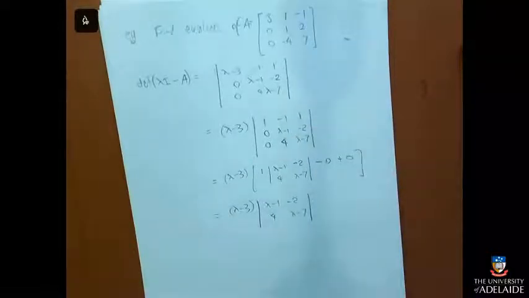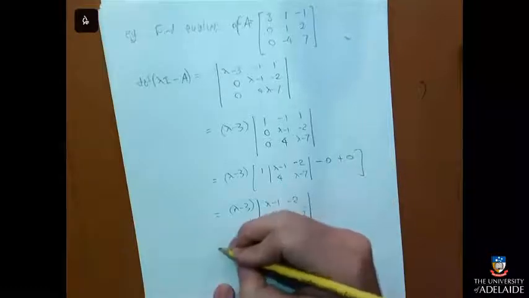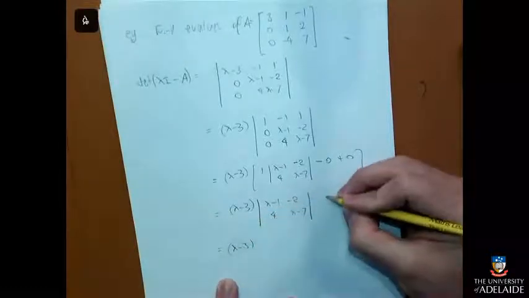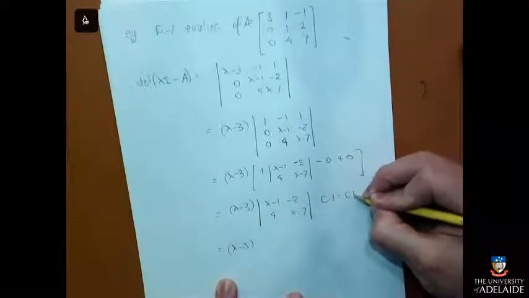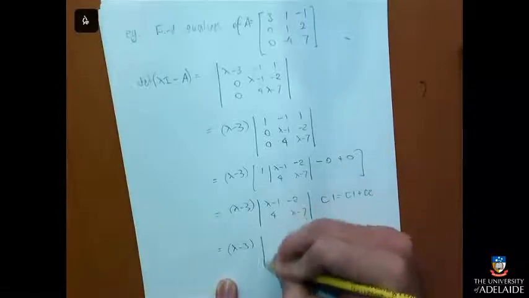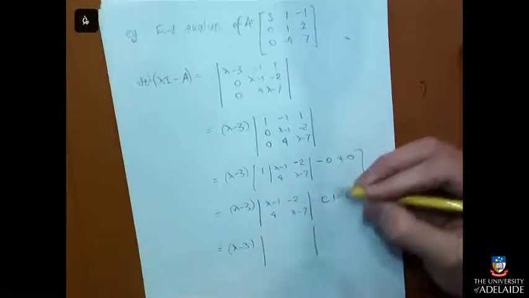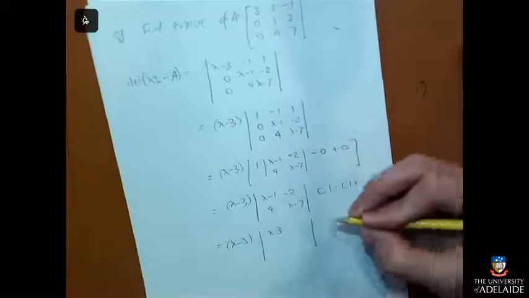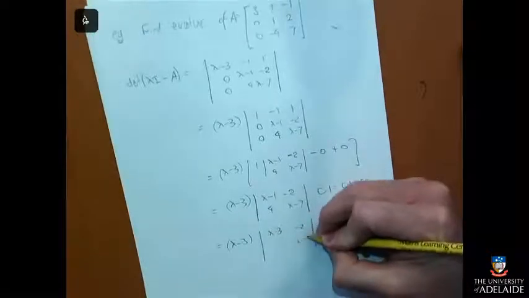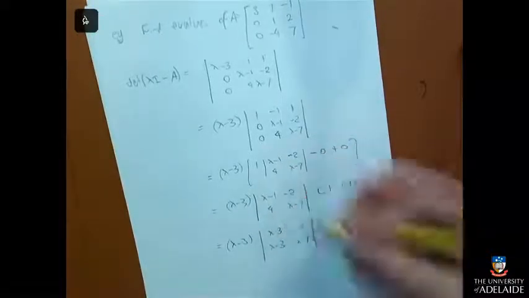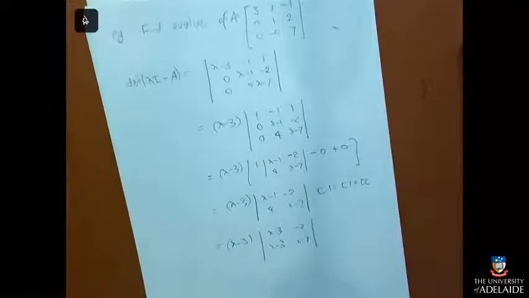Yes! Let's do a column operation. Watch this. Column 1 equals column 1 plus column 2. Ready? Lambda minus 3 and lambda minus 3. Now they've both got a lambda minus 3 in them.